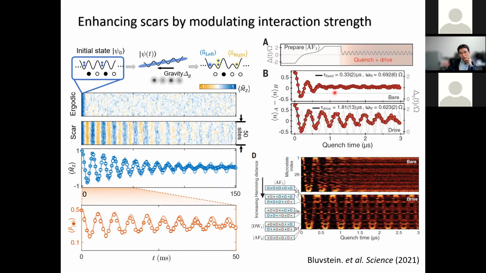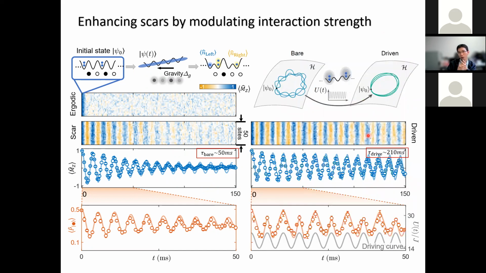So they find as they drive the system, the relaxation rate will be much longer. And in our case, we modulate this detuning by modulating the interaction strength, and see this lifetime just gets a factor of 4 enhancement.